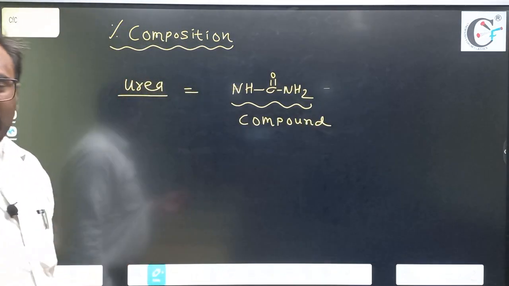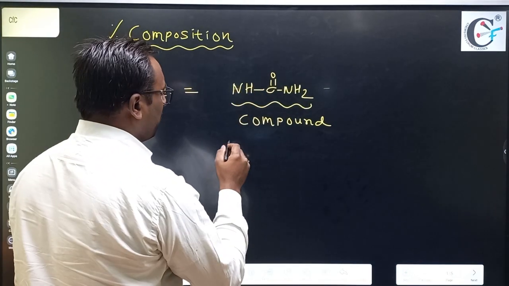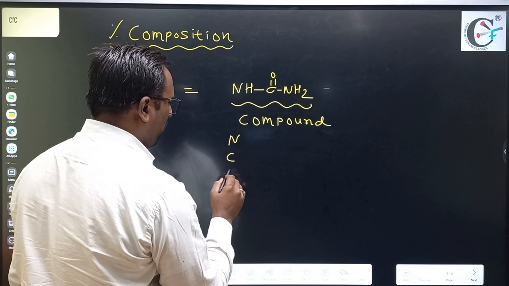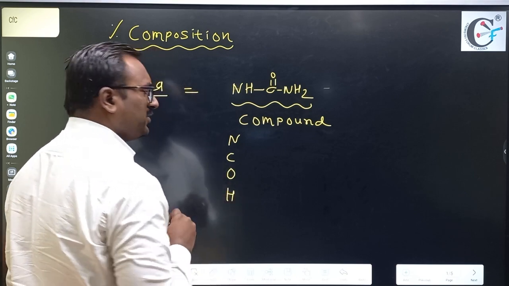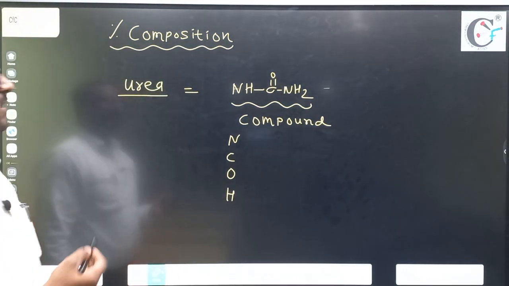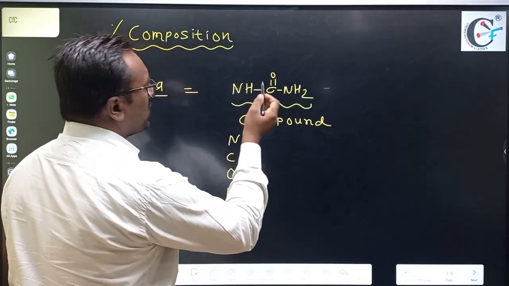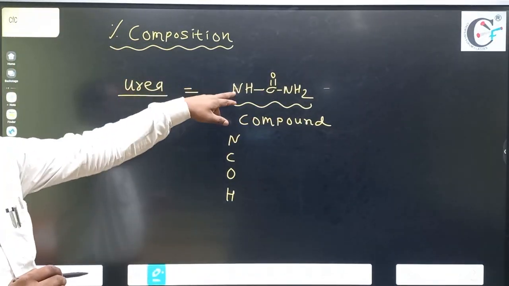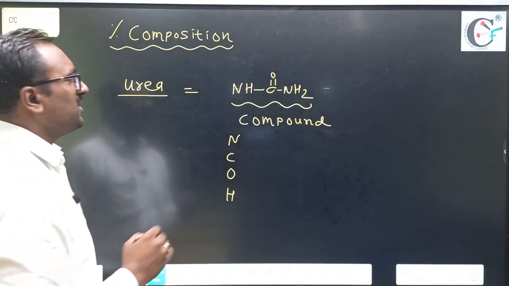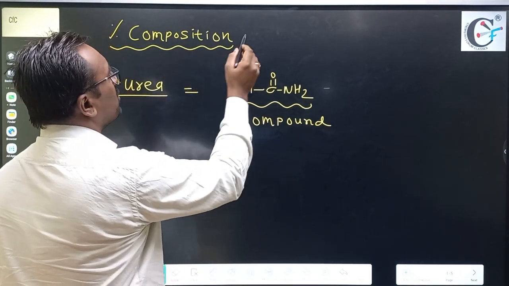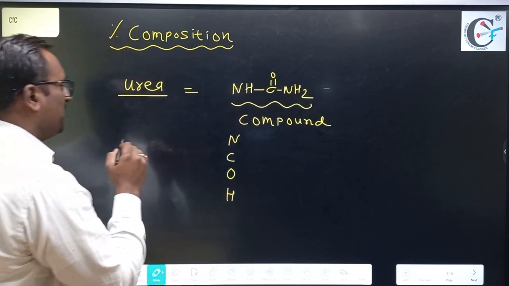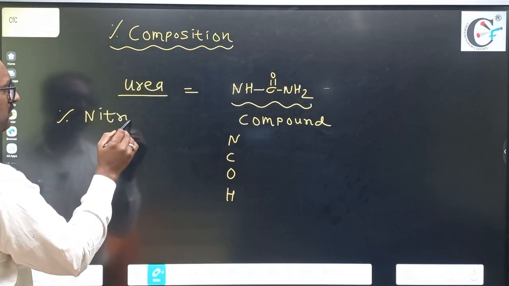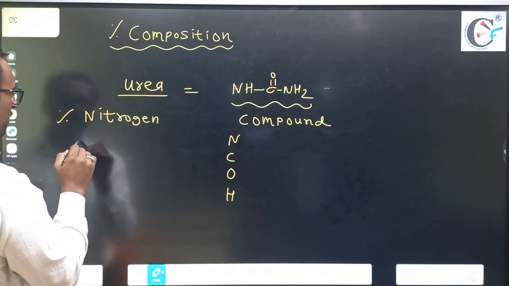This compound contains the constituent elements, that is we have nitrogen, carbon, oxygen and hydrogen. So how to express the composition of this urea, if I say calculate the percentage composition of nitrogen in urea.